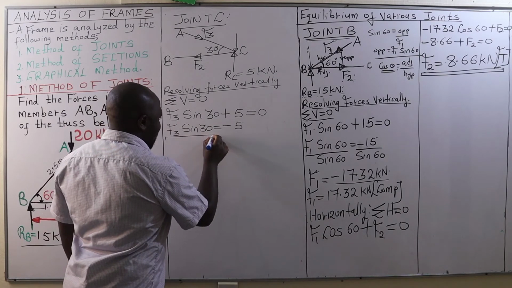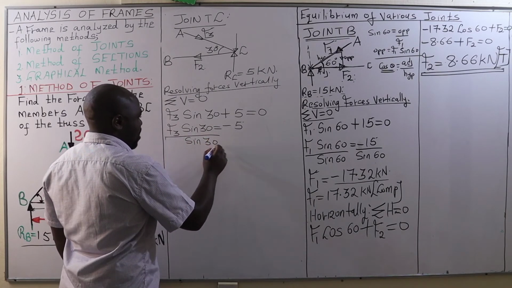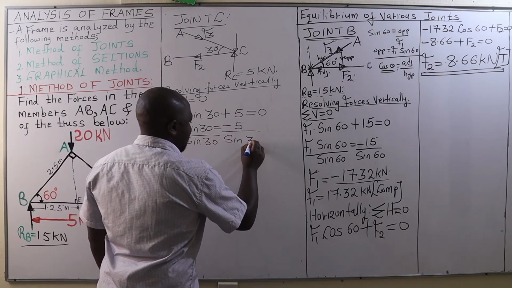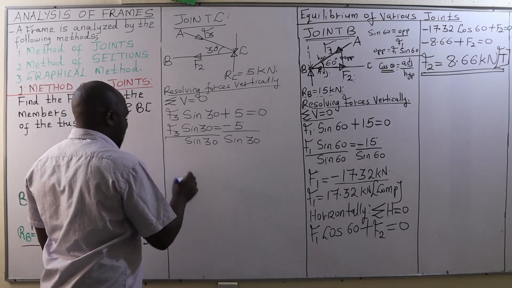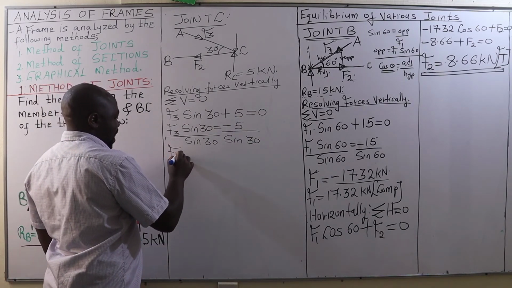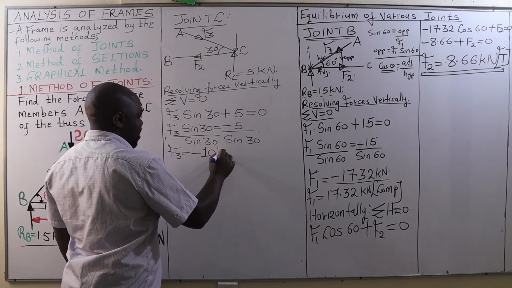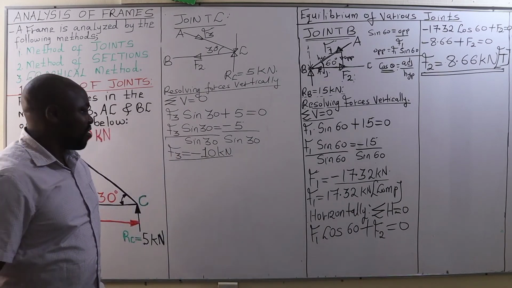Therefore, for us to get the value of F3, we are going to divide through by sine 30. And therefore, when you divide 5 by sine 30, that's going to be 10 kilonewtons, which is negative. Therefore, F3 is equal to negative 10 kilonewtons.